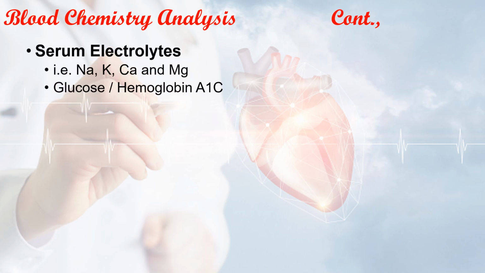For patients susceptible to cardiac disorders, we usually analyze the serum electrolytes sodium, potassium, calcium and magnesium. In my previous video I already discussed imbalances in the electrolytes. Sodium normal is between 135 to 145 milliequivalent per liter. Potassium level is 3.5 to 5.5 milliequivalent per liter. Similarly, calcium and magnesium levels are also described there.